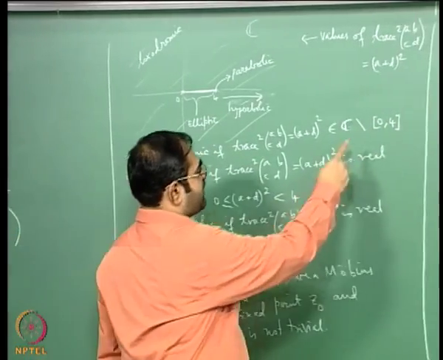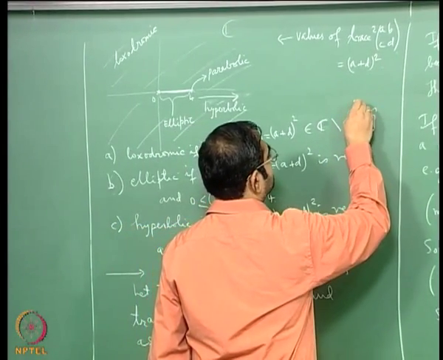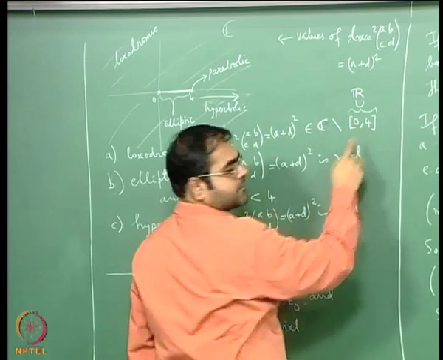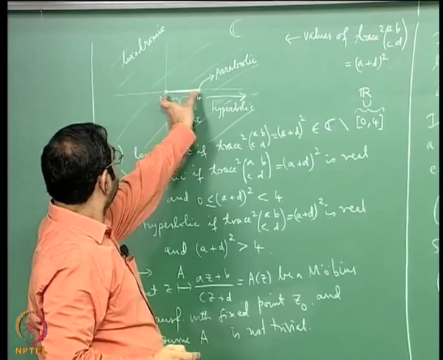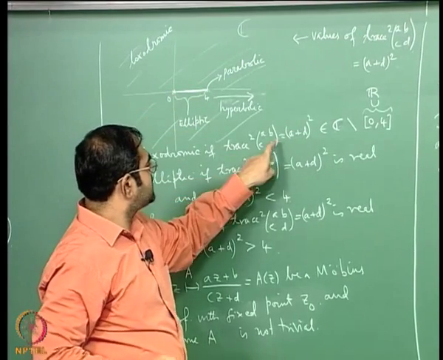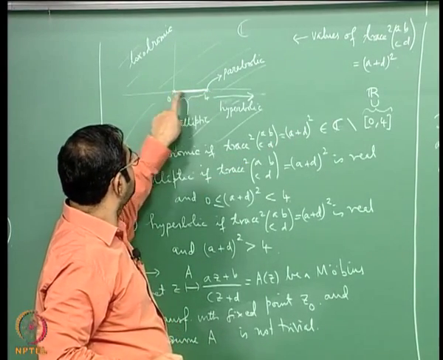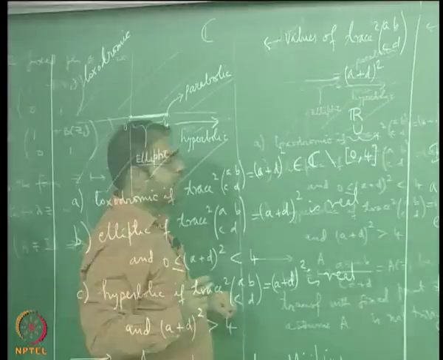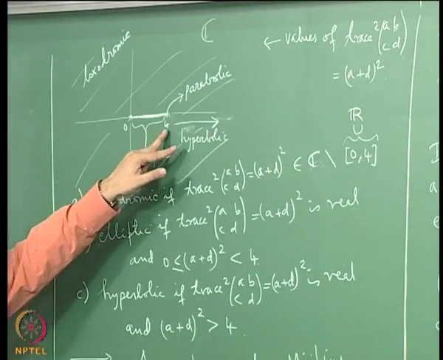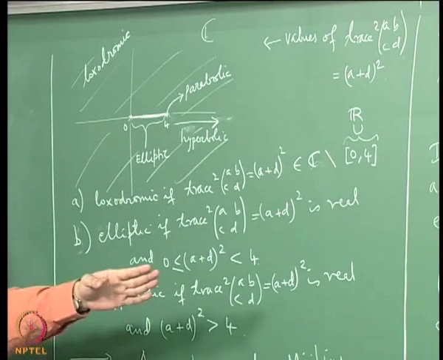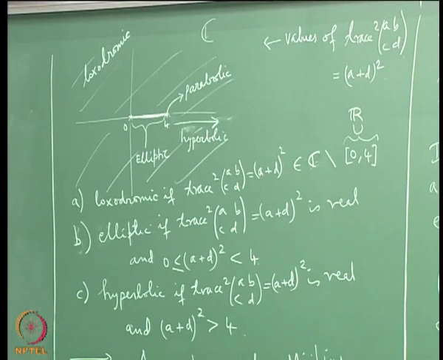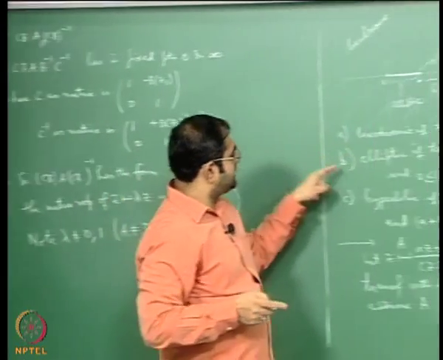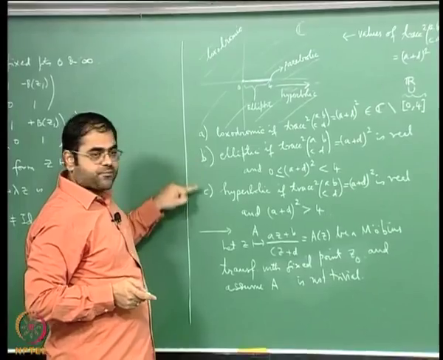I am considering this interval as a subset of real numbers. So if the trace squared does not take a value on this segment, then that is my definition of loxodromic. Of course trace squared is not 4, because there are 2 fixed points and it is not parabolic. So let us look at these 2 cases.